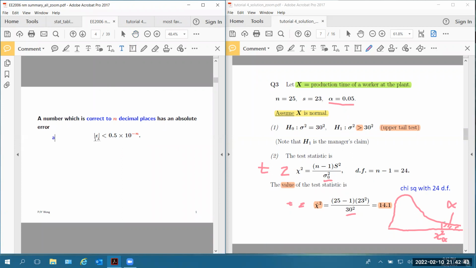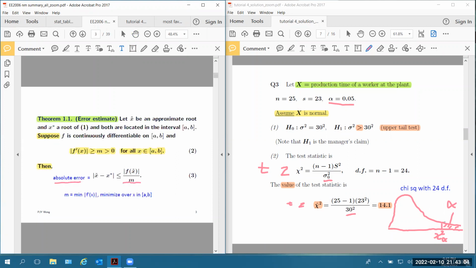So this is also an absolute error, less than 0.5 times 10 to the power minus n, if your number is correct to n decimal places. Now you have this one here, and you also have this one here. So now we are going to combine them. Here, absolute error is less than or equal to this, right?